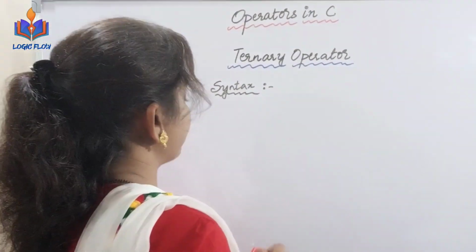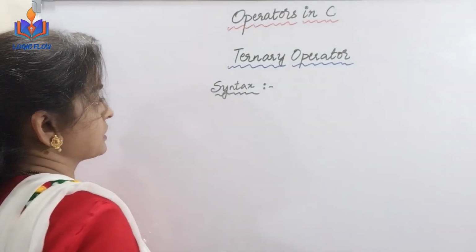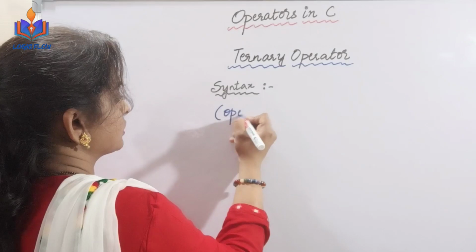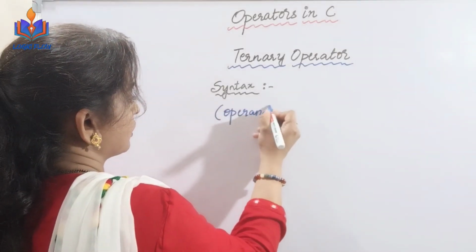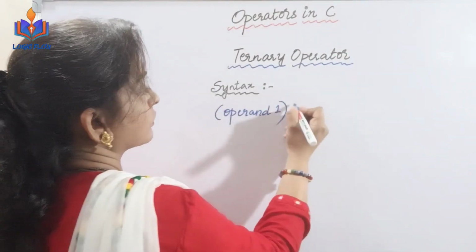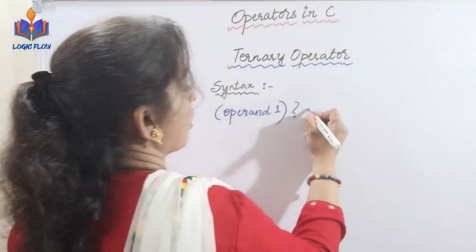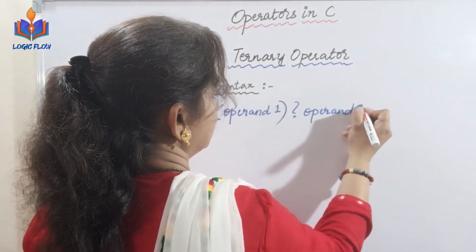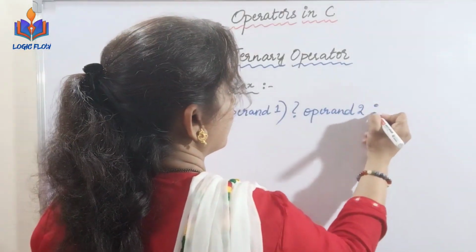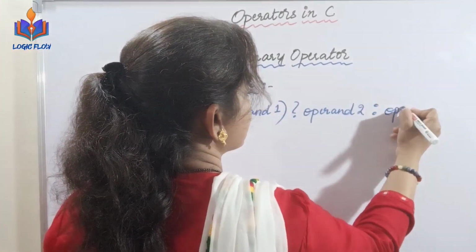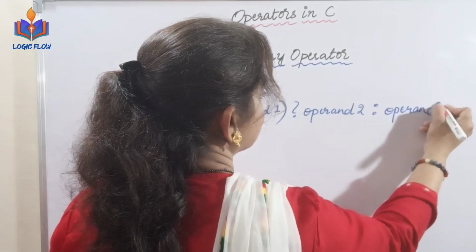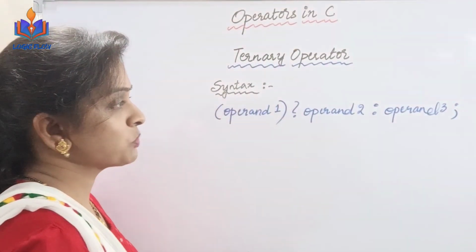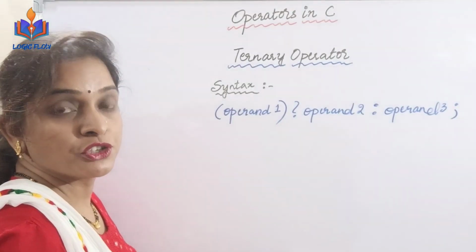You have 3 operands: operand 1, question mark, operand 2, colon, and operand 3, semicolon. This is the syntax of the ternary operator.